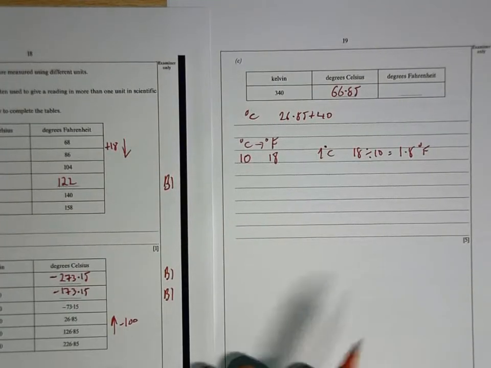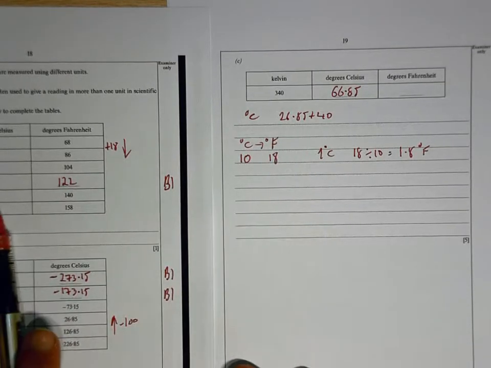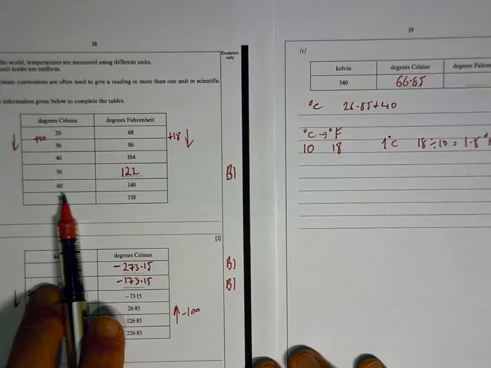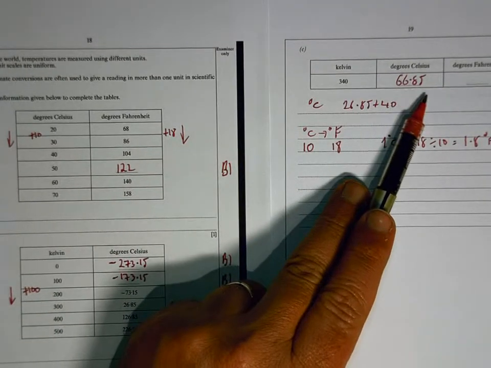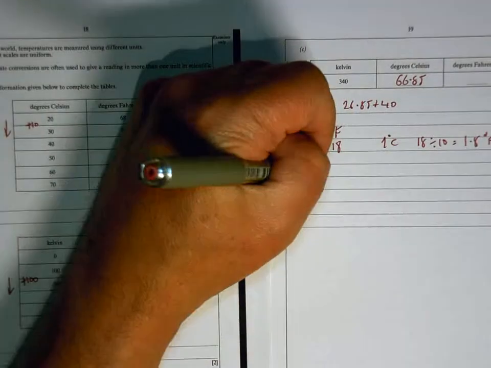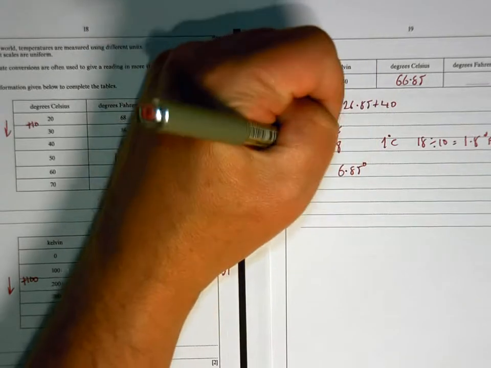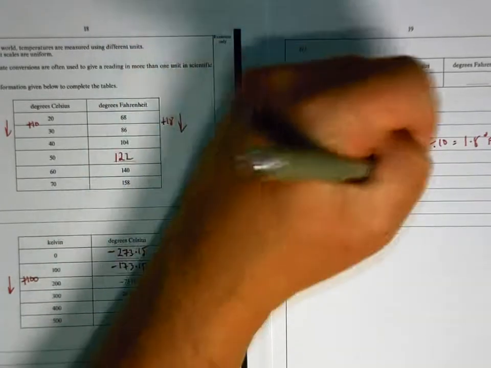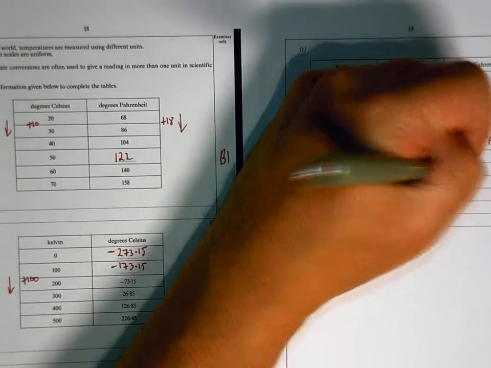Now I need to go up from 60, I've got to go up another 6.85. So 6.85 degrees C is going to be 6.85 times 1.8.